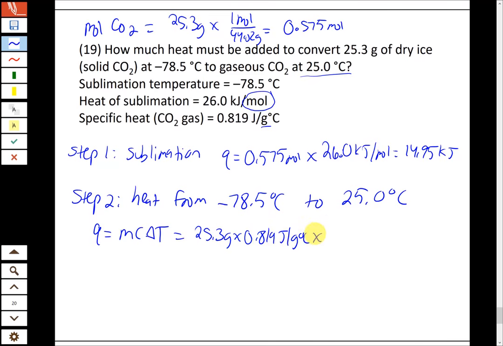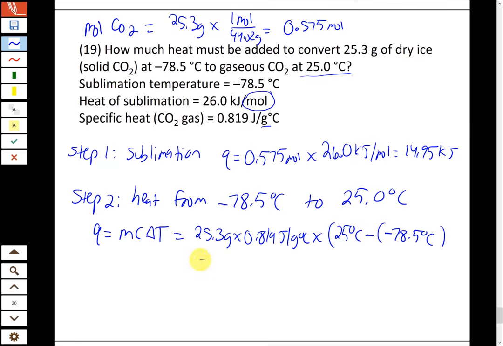And then the delta T, we have final temperature is 25 degrees Celsius. Be a little bit careful with signs here. Minus the initial temperature, which is minus 78.5. So our total delta T is somewhere around, what would that be? 100 some degrees Celsius, because we're going from minus 78.5 all the way up to plus 25. So the difference there is big.